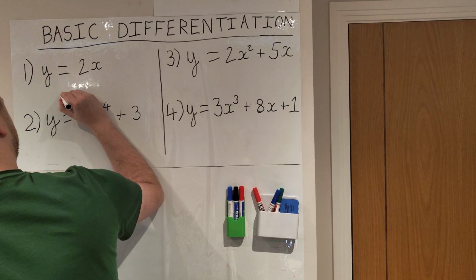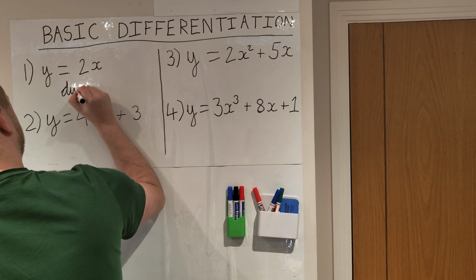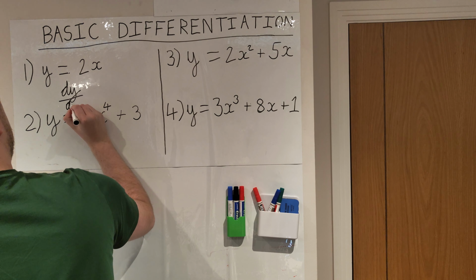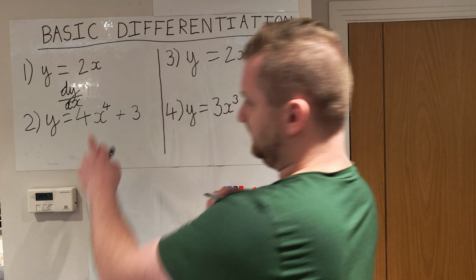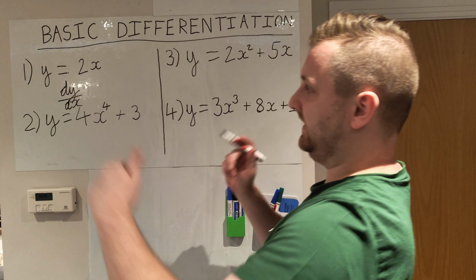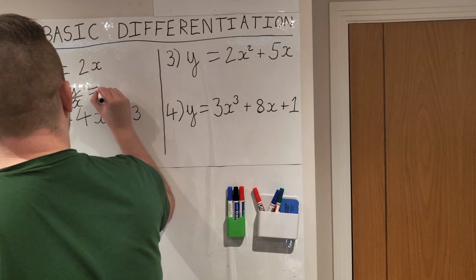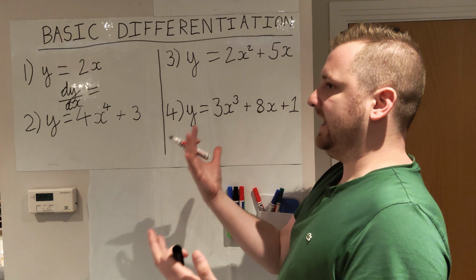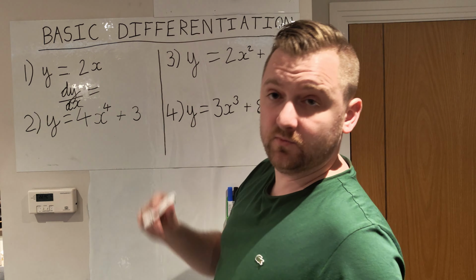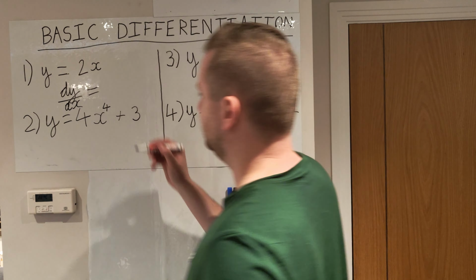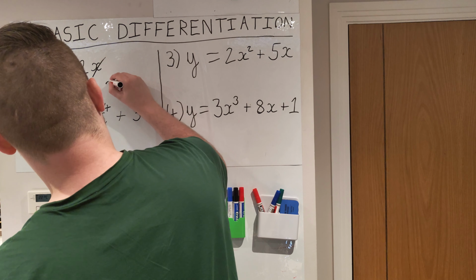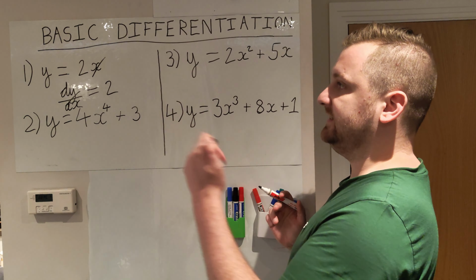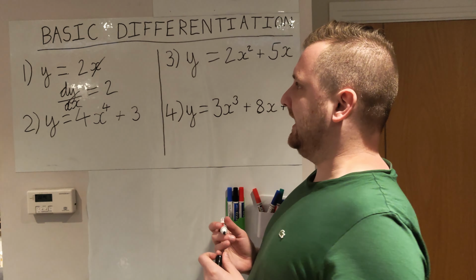So dy over dx, okay, that's equal to, now we differentiate, and as we know before, when it's just an x, we can just cross that out. So crossing that out is equal to 2. So dy over dx is equal to 2.